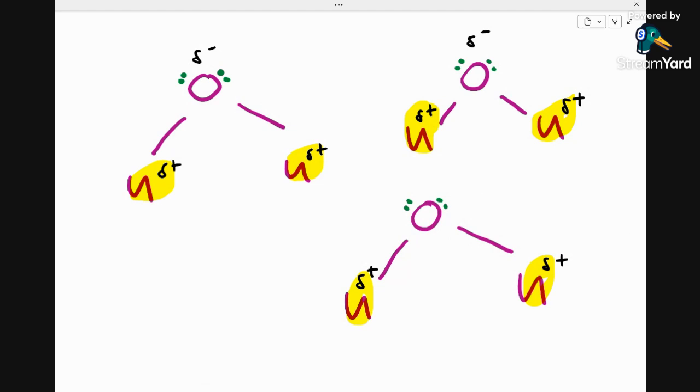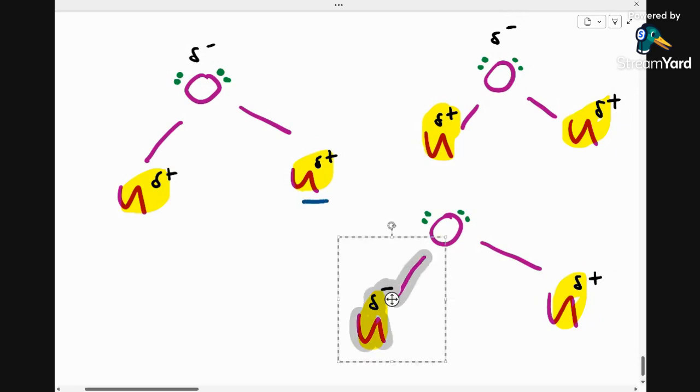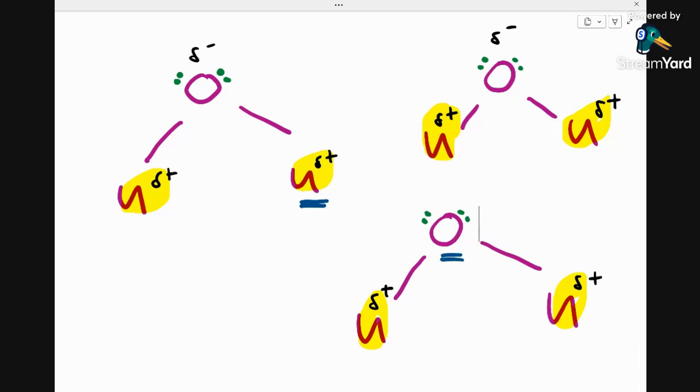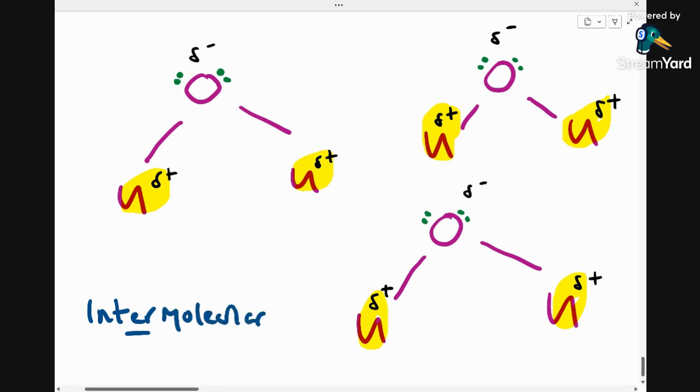I'm just going to change color here to a different color. Let's go for blue. Why not? What this means is if you have a slight positive charge on this hydrogen and it's close enough to an electronegative atom, such as, here we go, oxygen. Don't forget this is delta negative. What happens is you can get an intermolecular force of attraction between molecules.